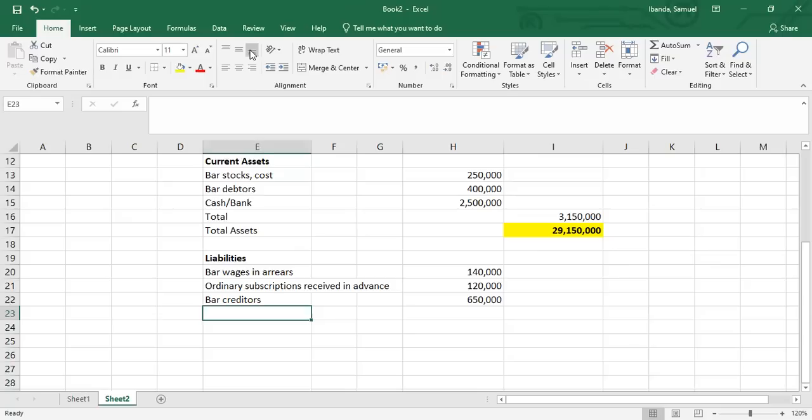Then I'll check and see if I have any other liability.